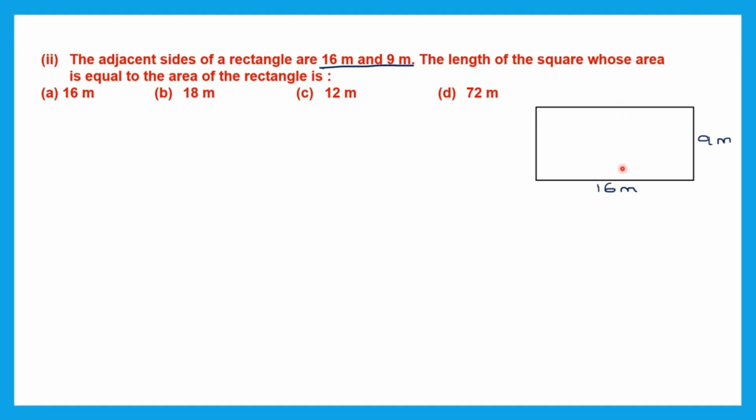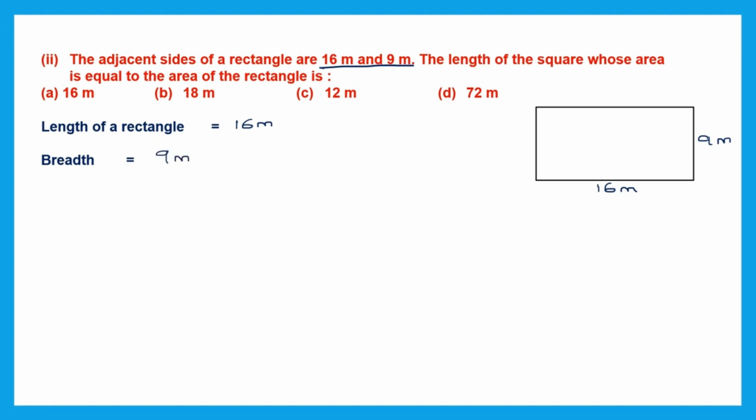Okay, so first we have to find the area of this rectangle, and that area is going to be the same as the area of the square, and from that area we can find the length of the square. So let's begin by saying length of a rectangle is 16 meters because it's the adjacent sides that's given to us, and the longer one is the length, and the breadth is 9 meters.